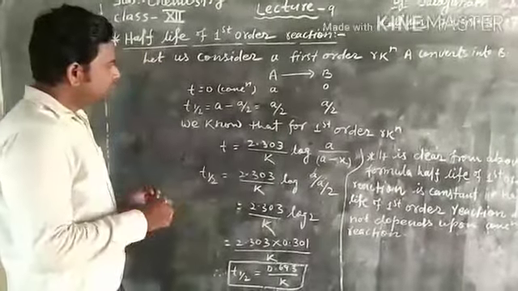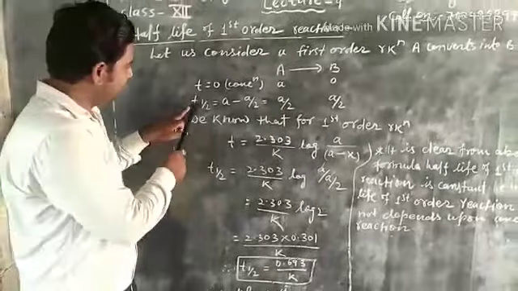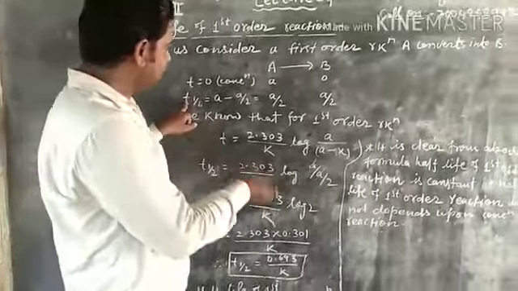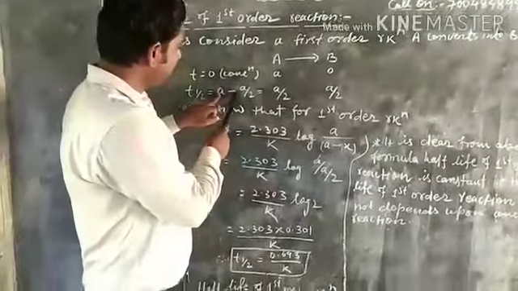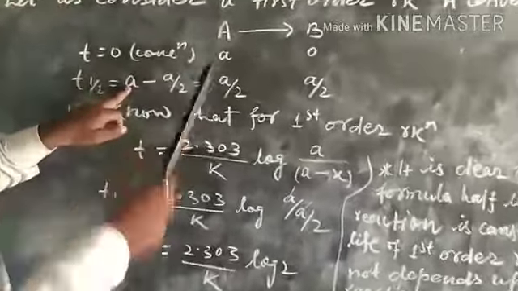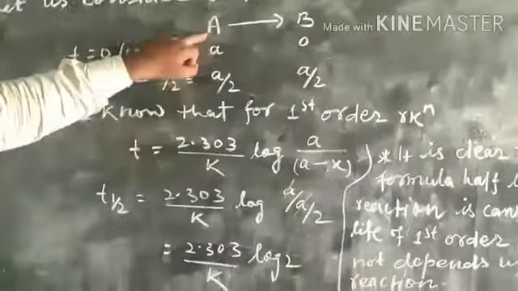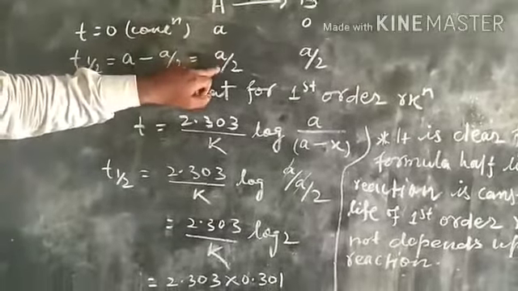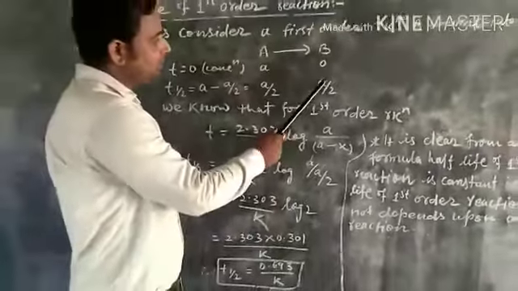And when the reaction is half completed, means at T half, after half completion, concentration of A becomes A minus A by 2, equal to A by 2, and the concentration of product B becomes A by 2.